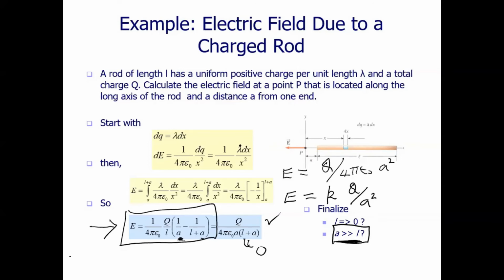As you can see, this expression is simply the electric field due to a point charge at a distance a. So this indicates that the expression we found is correct, because it is giving us a reasonable answer in the limit where a is much greater than L.